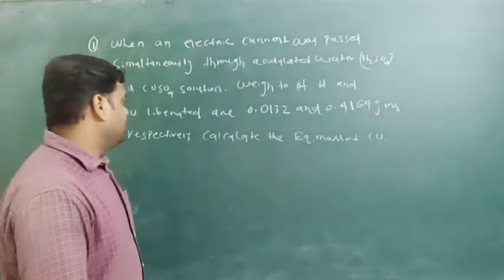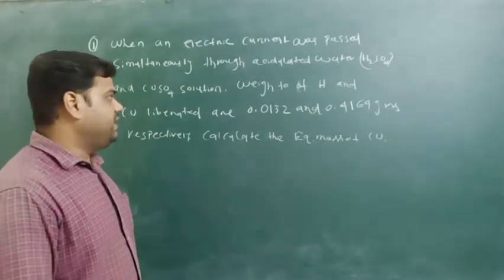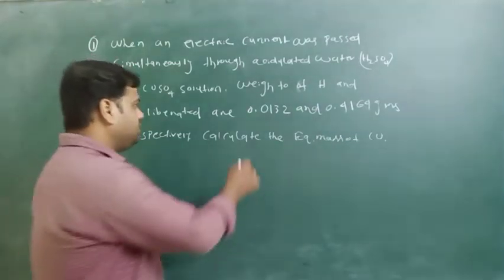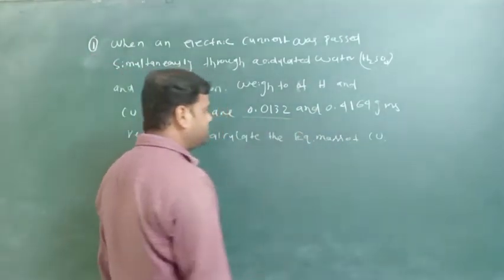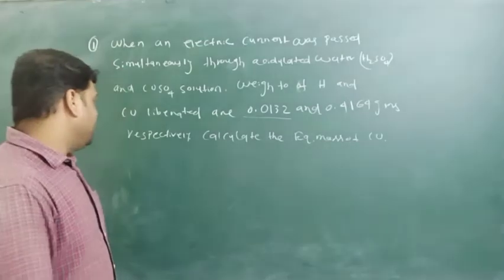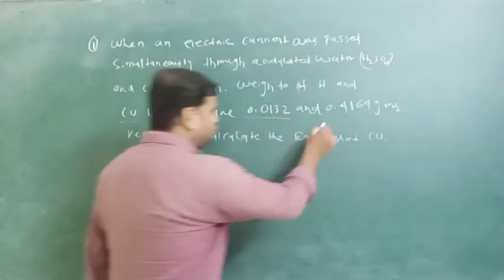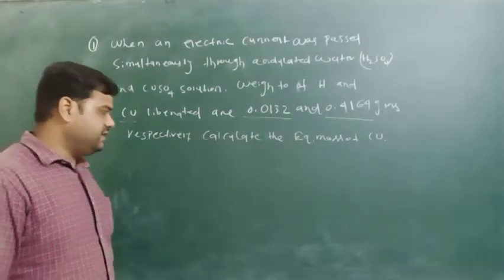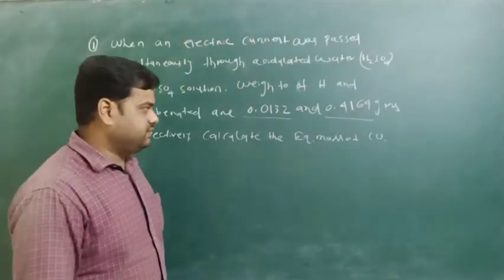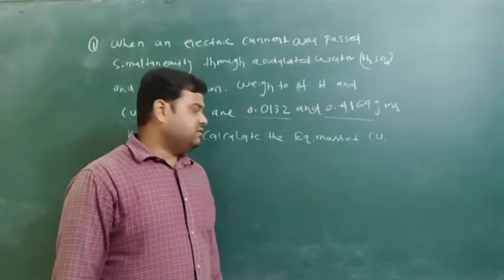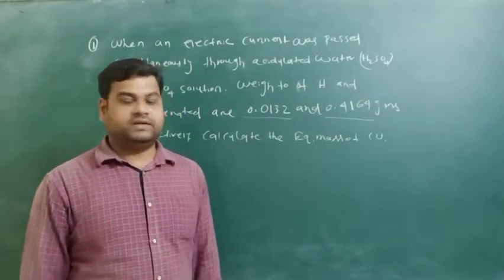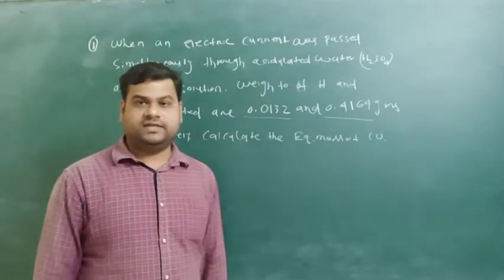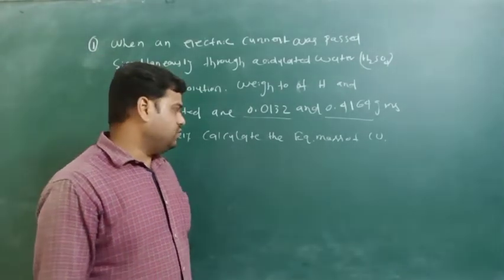At the time, the mass of hydrogen deposited is 0.0132, which is a known value, and the copper liberated is 0.4164 grams respectively. Then calculate the equivalent mass of copper. Based on the second law of electrolysis, we will calculate the equivalent mass of the copper, and we know that the equivalent mass of hydrogen is 1, so there is no need to calculate it.